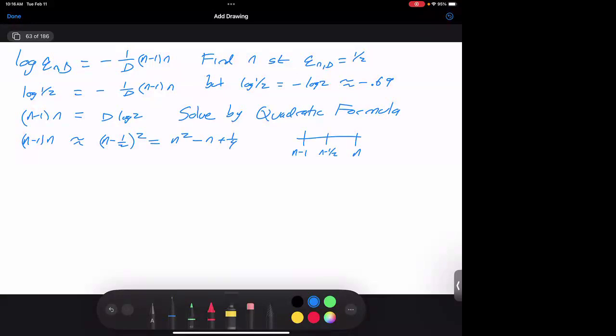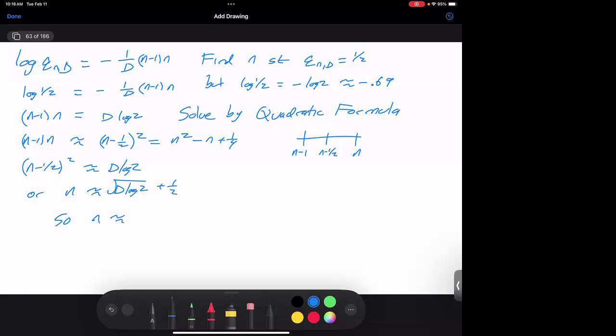Again, you should use the quadratic formula, but it's good to be able to do these quick back of the envelope calculations. That would give me n minus 1/2 squared is approximately d log 2, or n is approximately 1/2 plus the square root of d log 2.